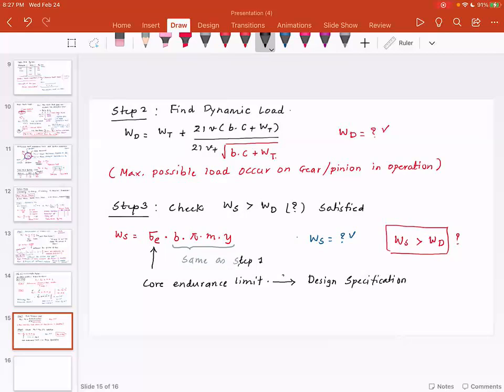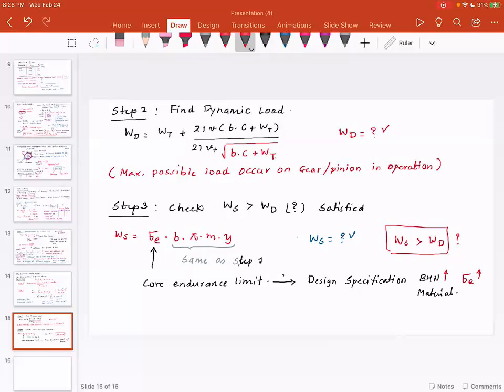And this design specification depends upon the hardness, it depends upon the material. So what we can do at this point, if this condition is not satisfied, is try to increase the value of BHN. That will automatically increase the value of sigma E.